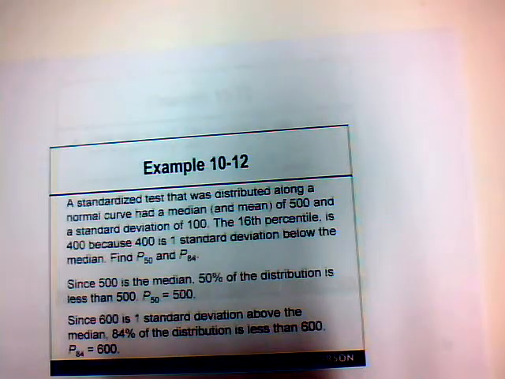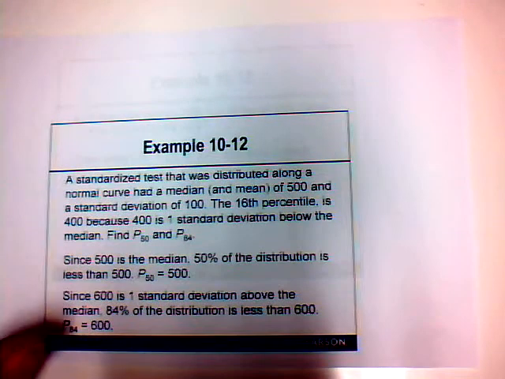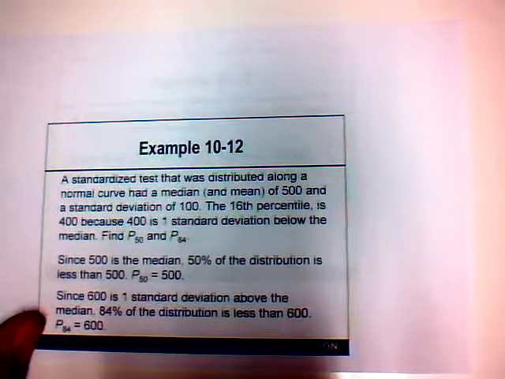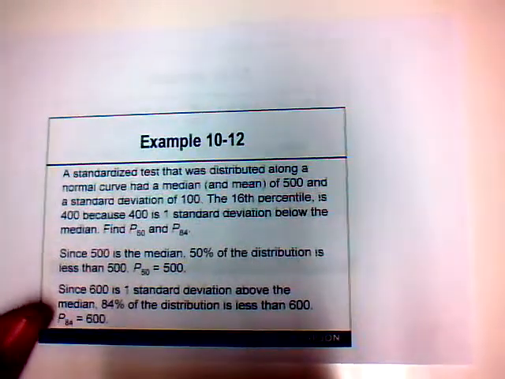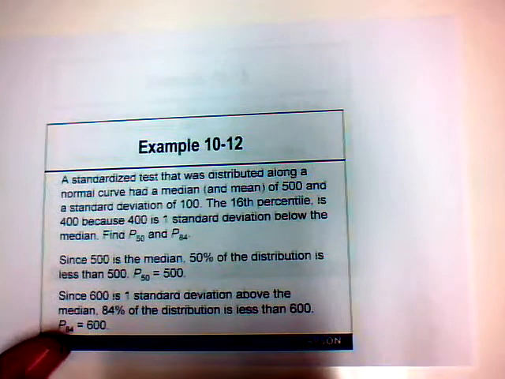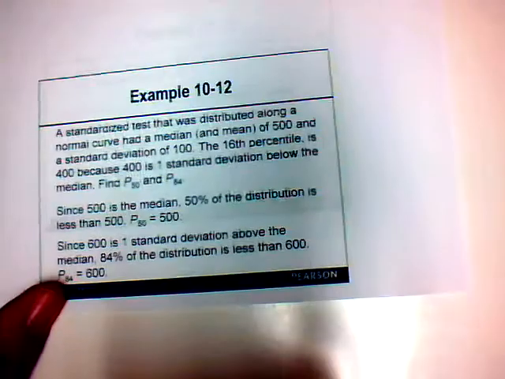In this particular example, a standardized test that was distributed along a normal curve had a mean of 500 and a standard deviation of 100. The 16th percentile is 400 because 400 is one standard deviation below the mean. Find P sub 50 and P sub 84.